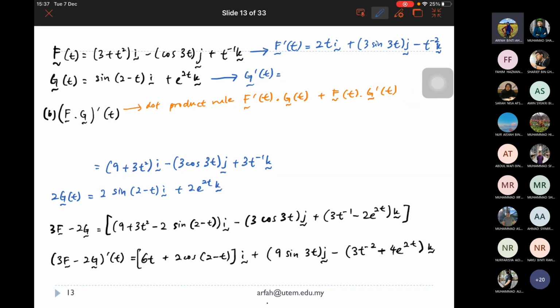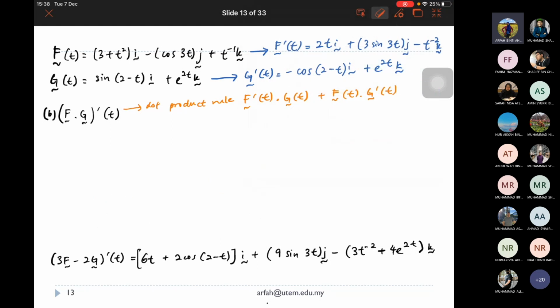Then G prime T bezakan sin akan dapat negatif cos 2 tolak T I tambah eksponensial 2T K. So that is the, what we call it, the hasil of the derivative for the given function.